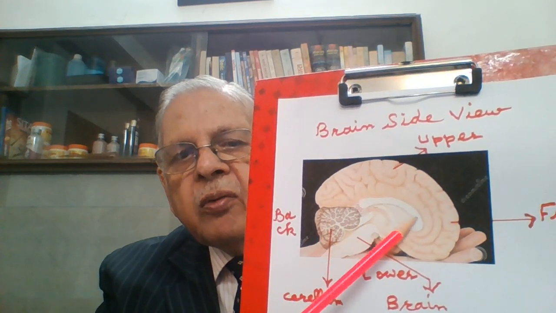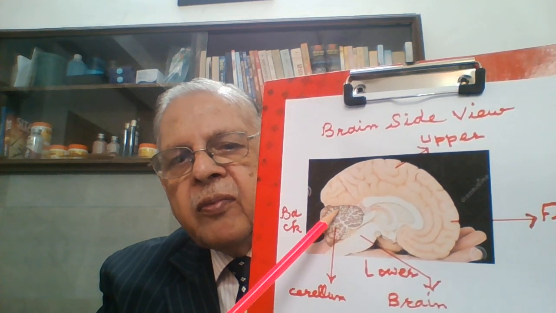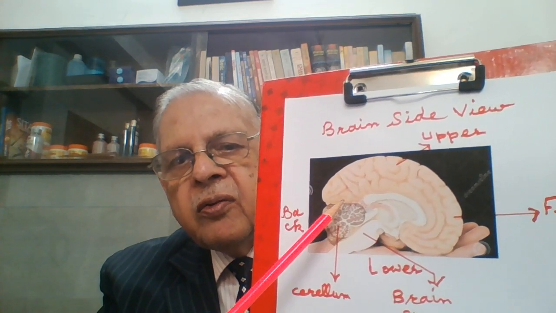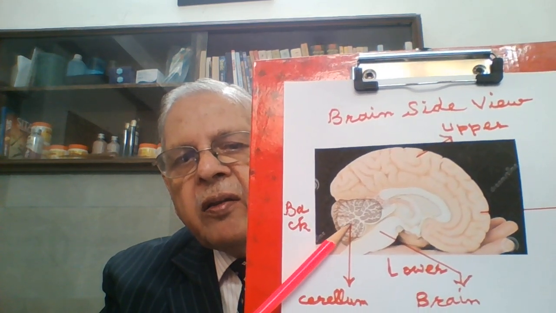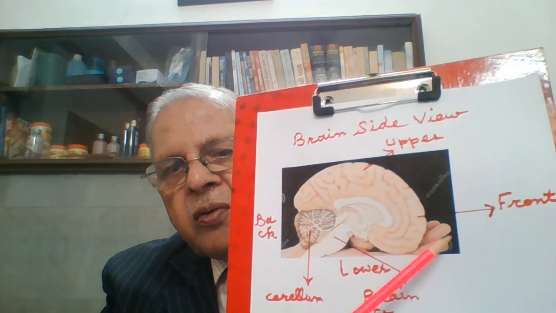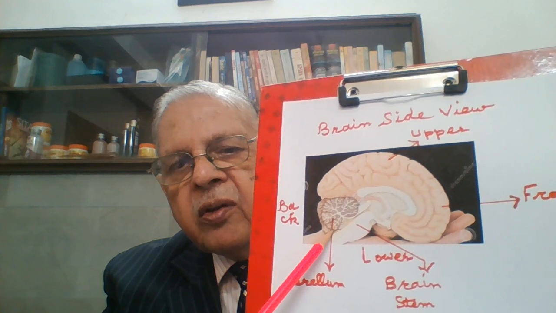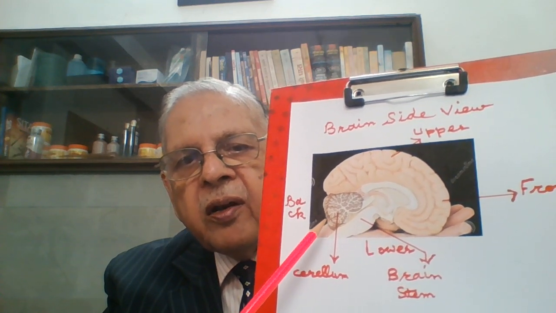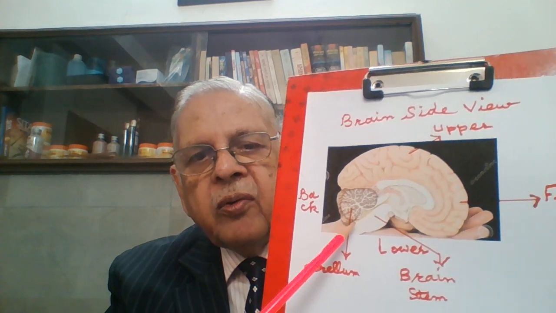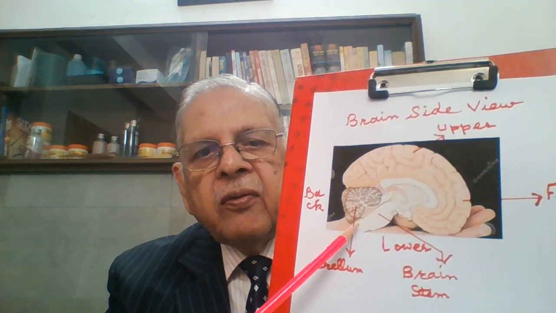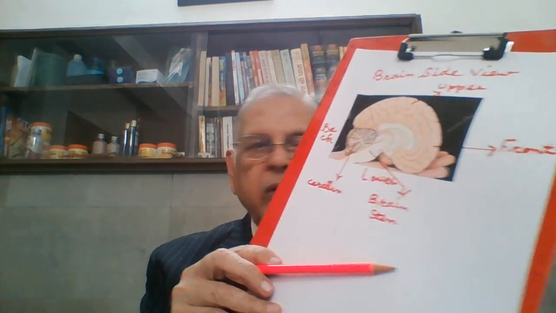This is the corpus callosum, and this is the cerebellum. So see, the cerebellum is located at the back of your head, because this was the front, this was the back. Why I am telling you this, I will come to it a little later, when you will understand what it means.